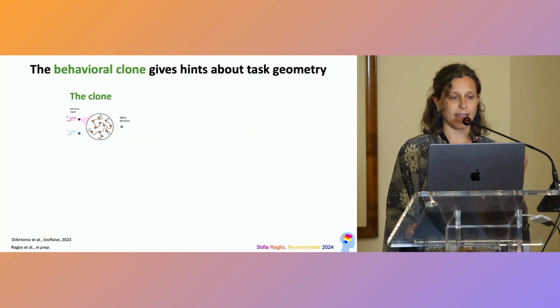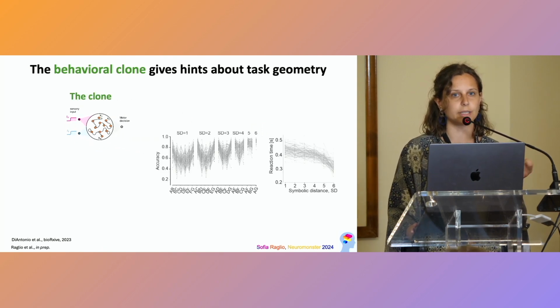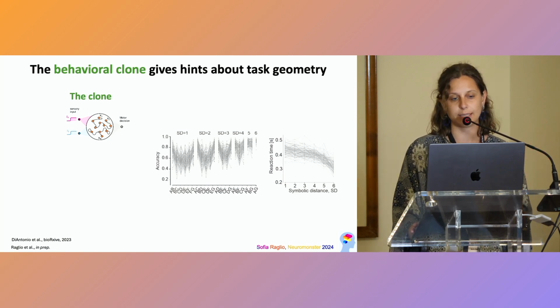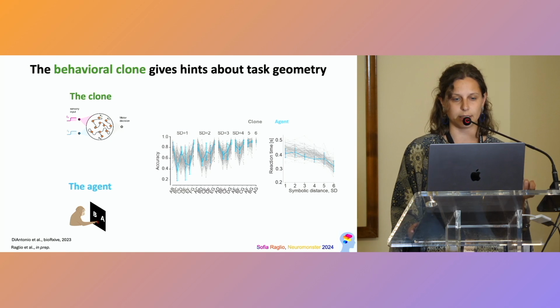If I look at the behavior of this clone on all the possible pairs, I see a behavior which is reproducing the main behavioral effect of the animal, which is a symbolic distance effect, so an increasing performance and decreasing reaction time, depending on task difficulty, which is modulated by this symbolic distance parameter. And this behavior is exactly fitting what the agent is doing during the task.